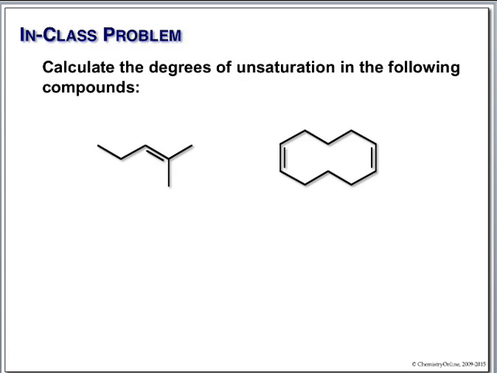Go ahead and look at these compounds. Here is a simple alkene, obviously. If we add up the carbons and the hydrogens, we have 1, 2, 3, 4, 5, 6 carbons, and 1, 2, 3, 4, 5, 6, 7, 8, 9, 10, 11, 12 hydrogens.